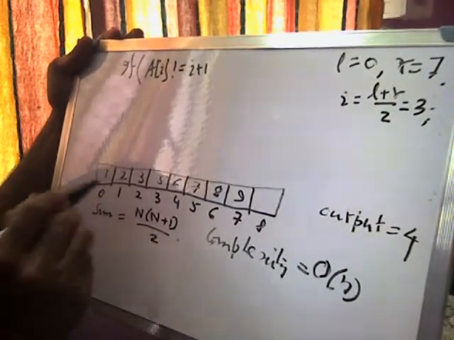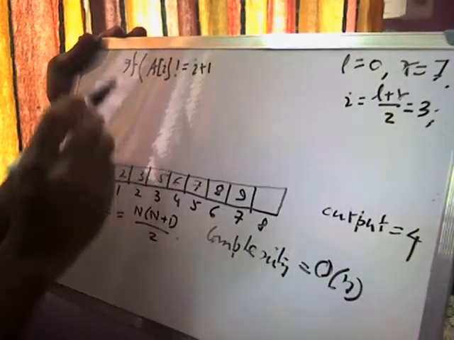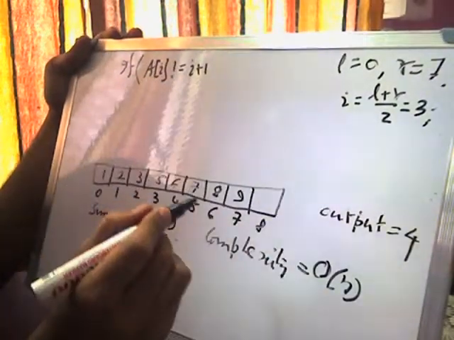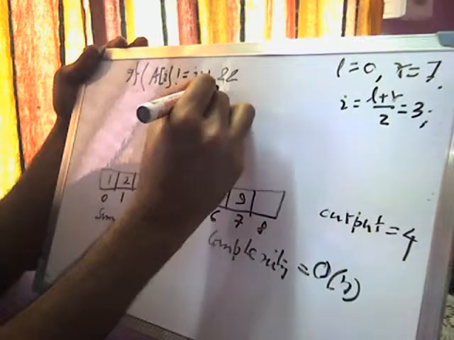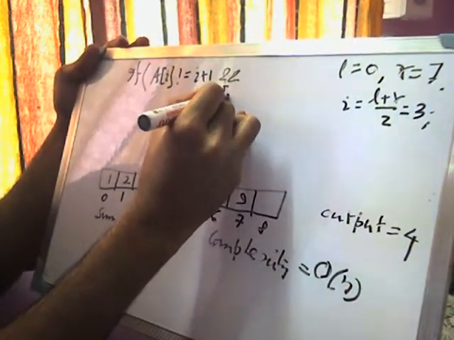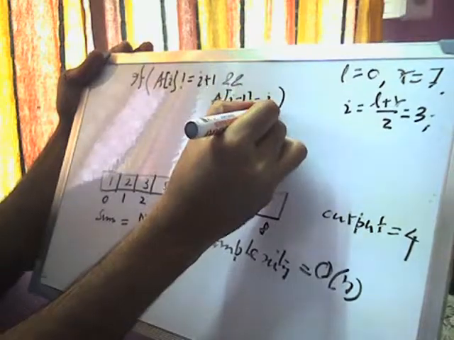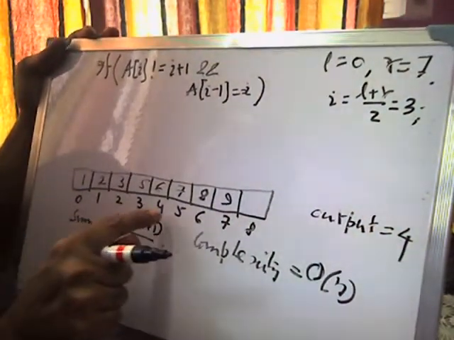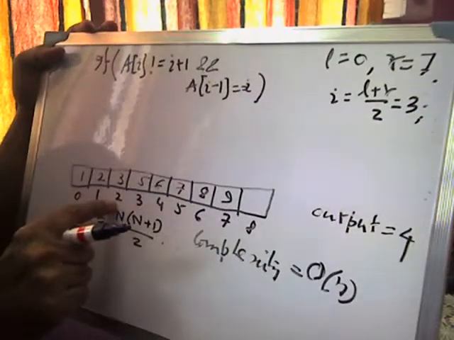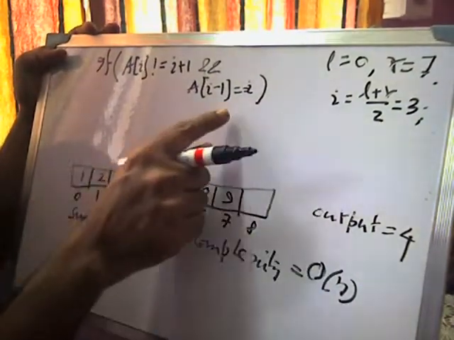You see this, in the third position, what is the value of A[i]? That is 5. That means A[i] is not equal to i plus 1. And at the same time, A[i minus 1] is equal to i. I minus 1 means the previous index. That previous value, that is 2 at index 2, is equal to i, exactly 1 more than that index.